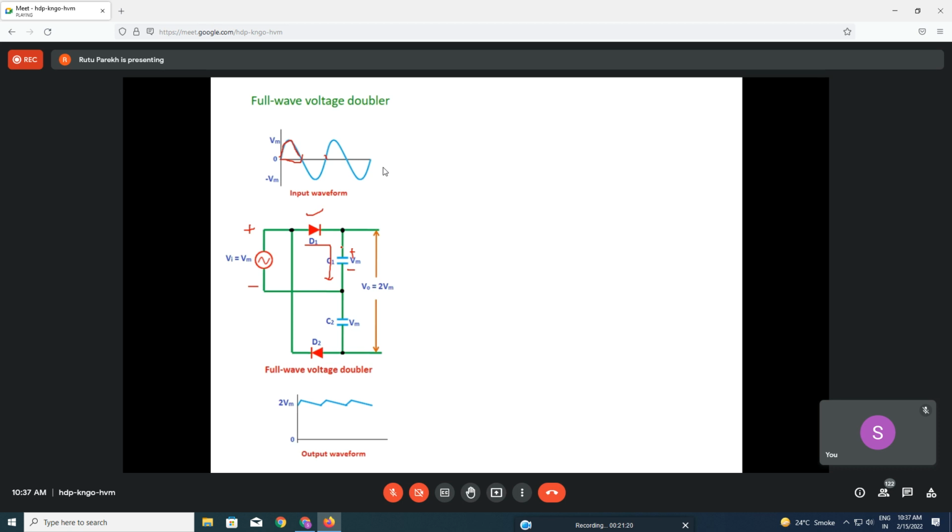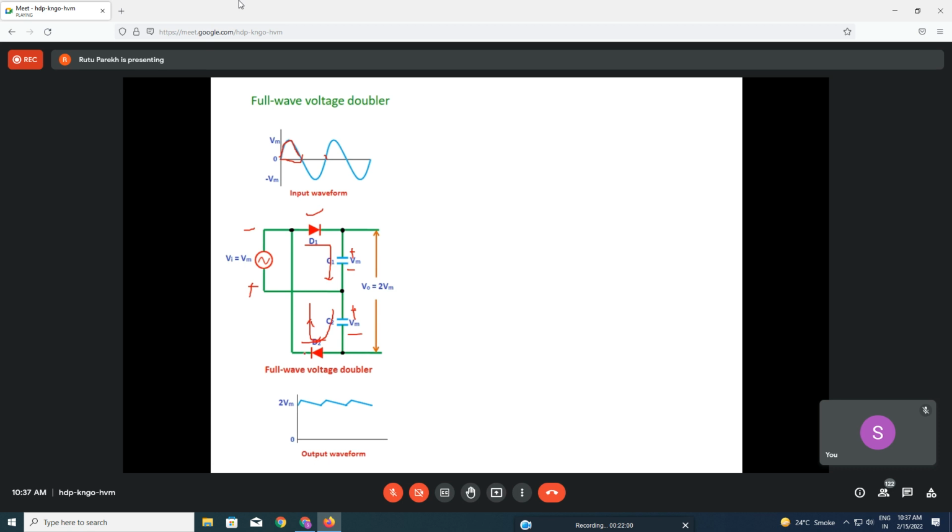And now in the negative half, what will happen? This is forward biased and this is reverse biased, and the direction of the current is going to be this way. In that case also, this is plus and this is minus, because in the negative half this terminal is plus and this is minus.